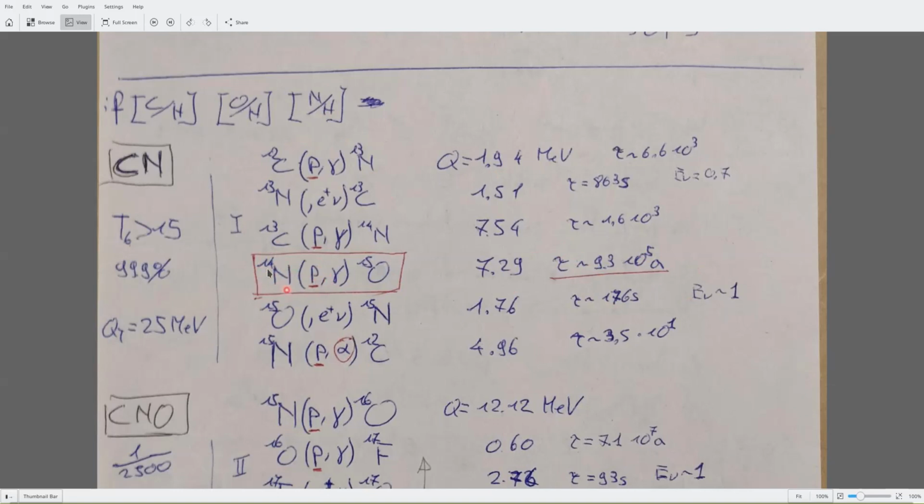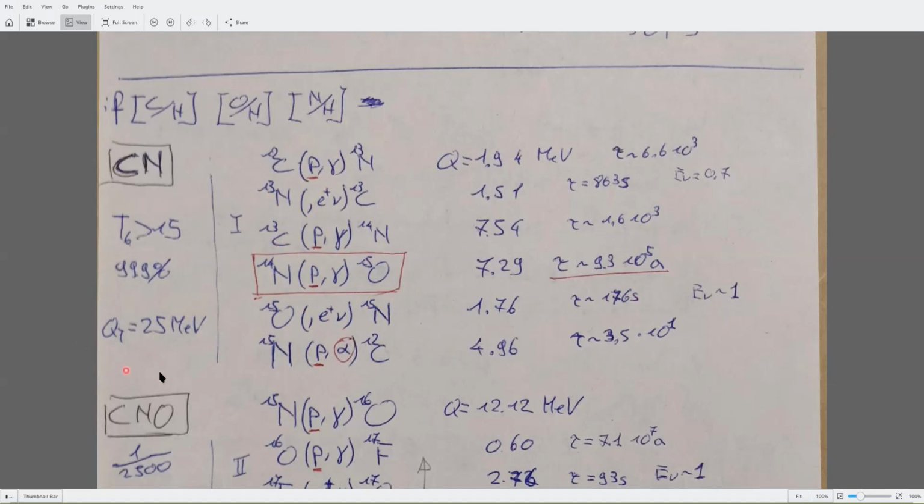That is partly because of pairing: when the numbers of protons and neutrons are even, the atom is a little less happy to interact. And so usually this is the slowest reaction. Mainly all the others happen quickly with respect to this one, and this is the last one to react.